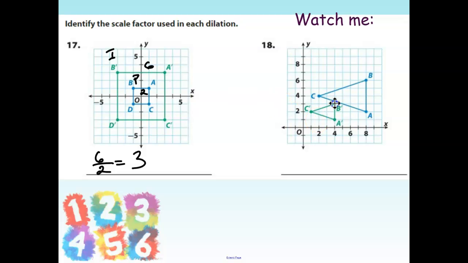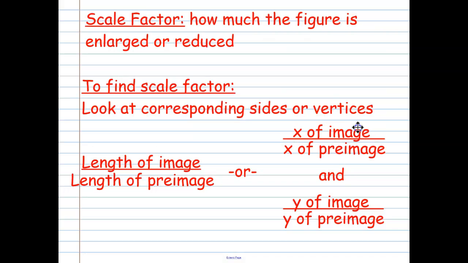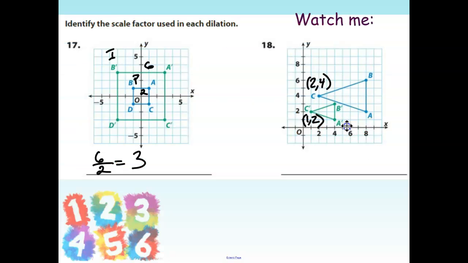Okay. All right, now if I look over here, I can count over here pretty easily, but I can't over here. So let's use a point. Okay. Let's use point C because, you know, why not? So this is 2, 4, and then my C prime over here is 1, 2. And again, I'm going to look at image over pre-image. And my image would be my finishing one over here, and then my pre-image would be the one without the prime notation there.